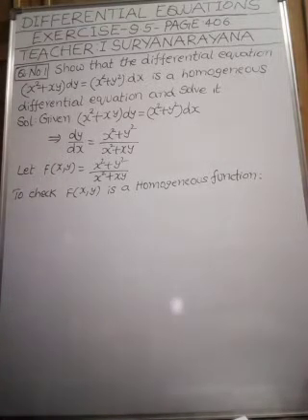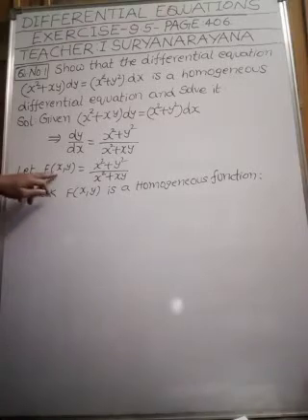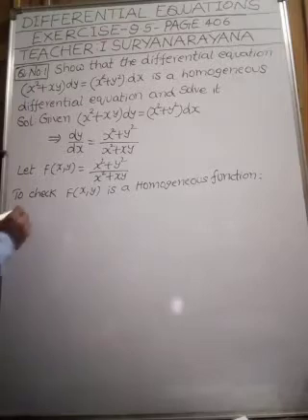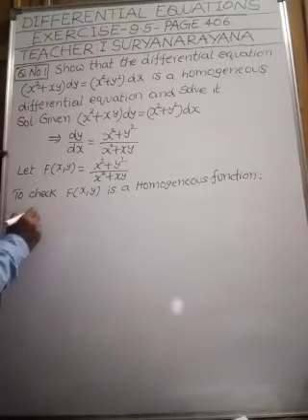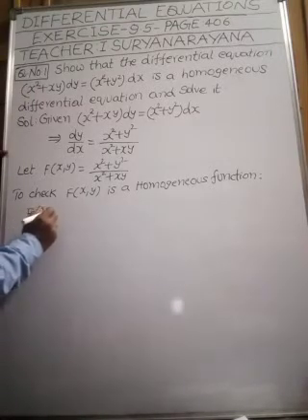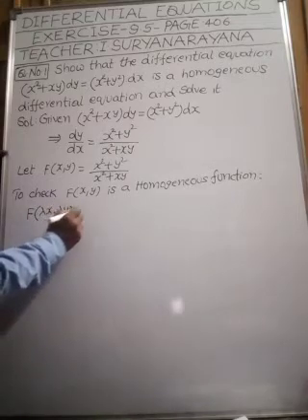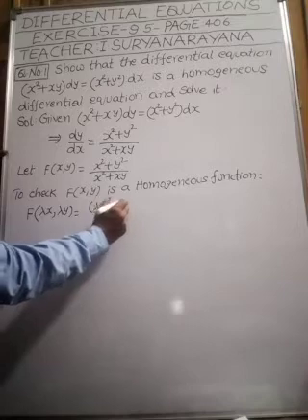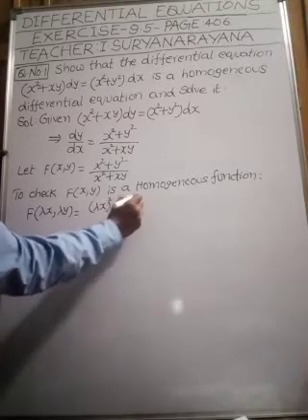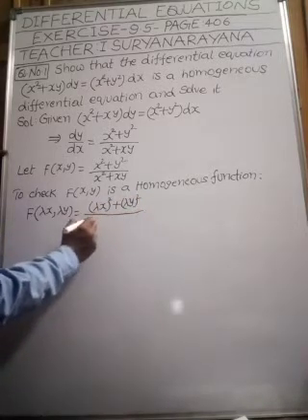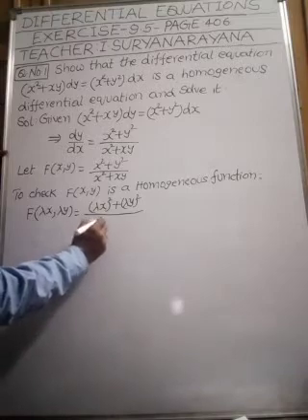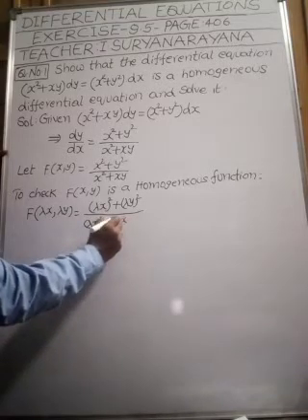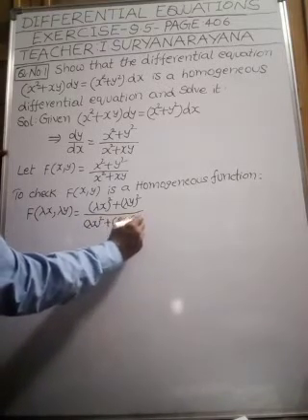How do you check? We have to replace x by lambda x, we have to replace y by lambda y. So f of lambda x comma lambda y is equal to lambda x whole square plus lambda y whole square, whole divided by lambda x whole square plus lambda x into lambda y.